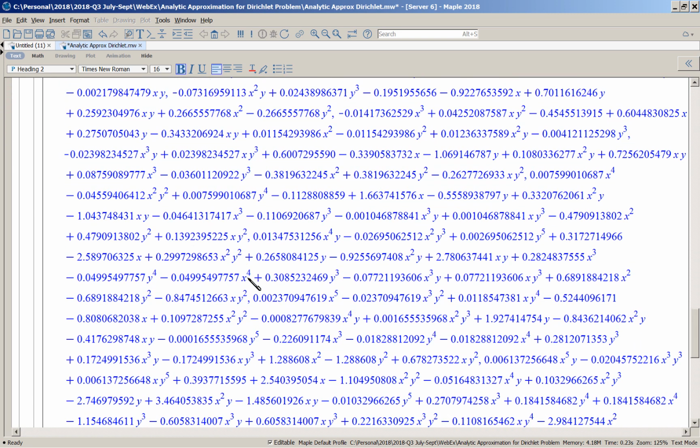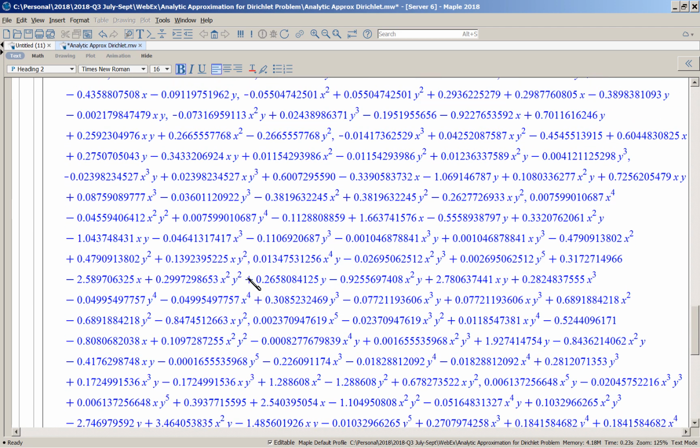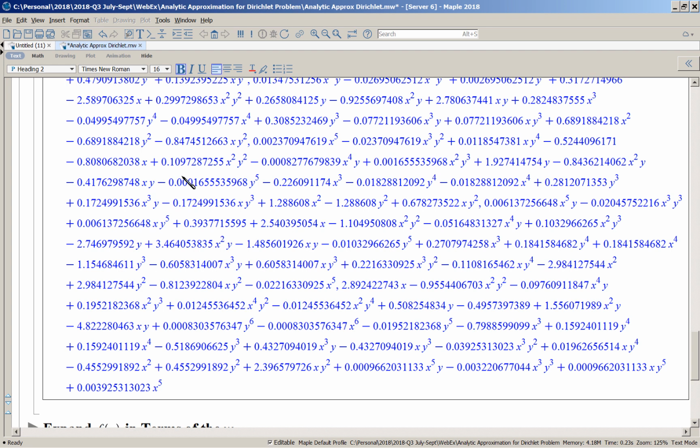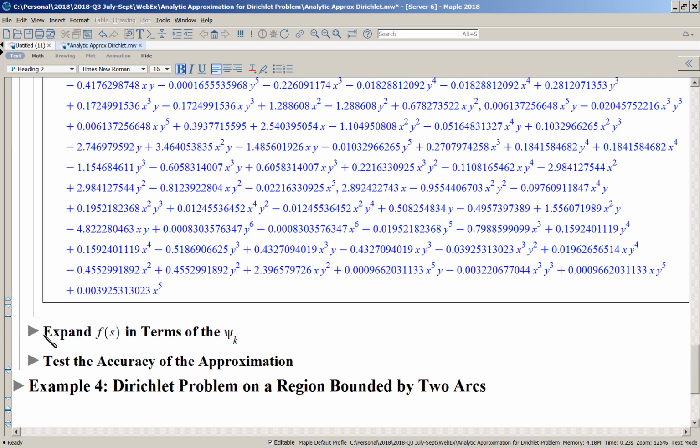This is the collection of psi functions, right? And the coefficients are floating point numbers. Imagine doing that by hand with a pencil and paper. The next step is to expand the boundary functions in terms of these psi k's.